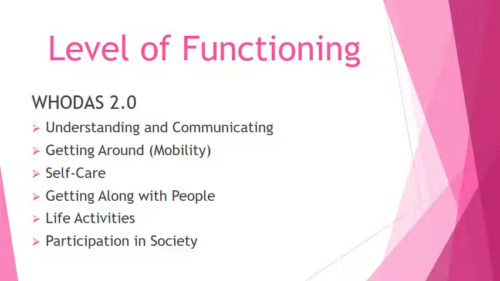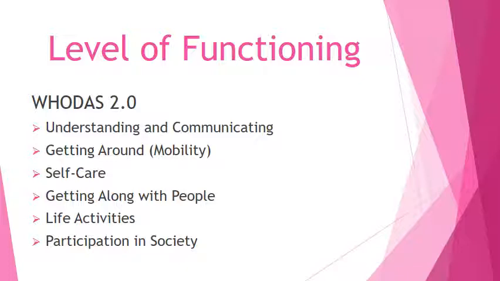The instrument identifies 6 domains that define level of functioning and impairment. These domains include understanding and communicating, getting around or mobility, self-care, getting along with people, called social and interpersonal functioning, life activities at home, in school, and in work, and participation in society, such as family, social, or community activities.